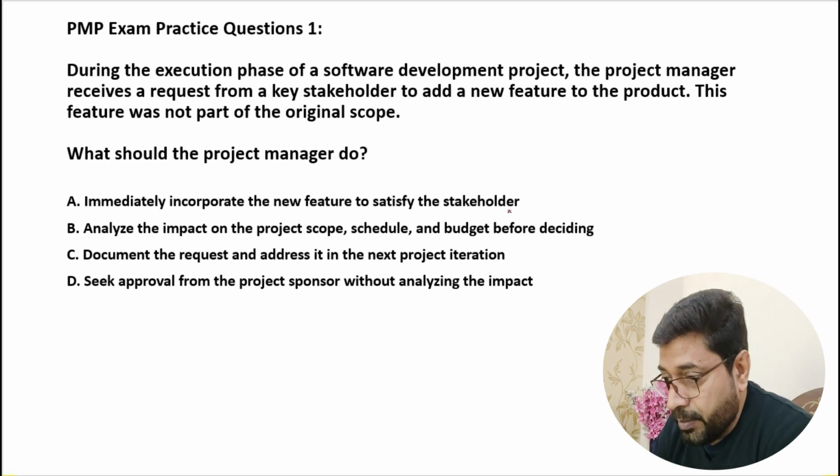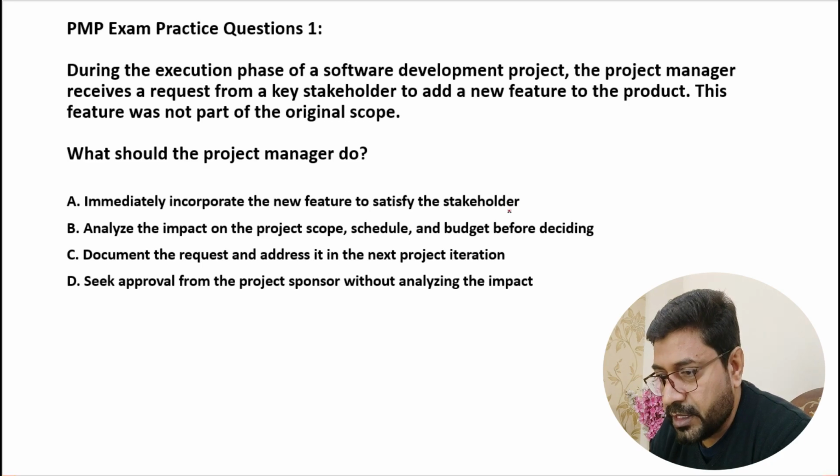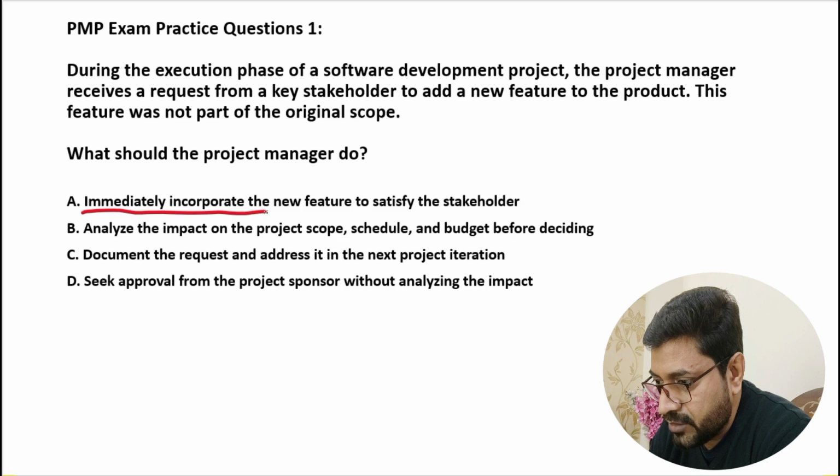But what about any kind of analysis? Before taking action on any change, we need to analyze. So this option will not be the right one, because it asks to take action. We will not go with this answer.